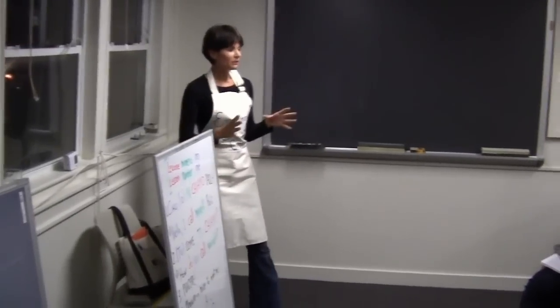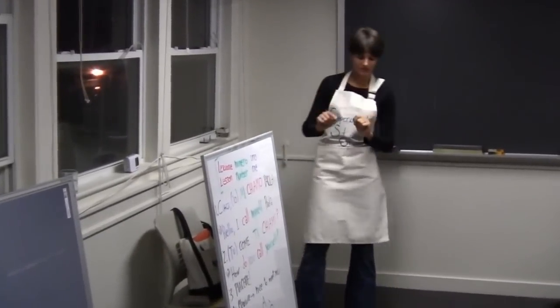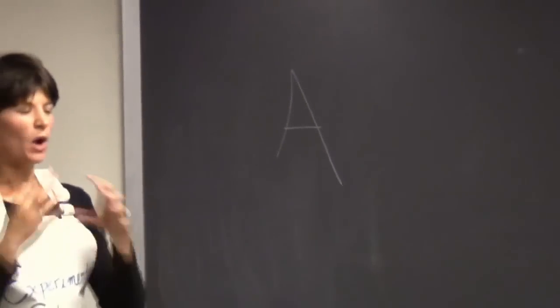So, as you might have noticed, we pronounce letters differently from English. So let's start, first of all, to see how we pronounce the vowels. So we have A. Open your mouth as much as you can.